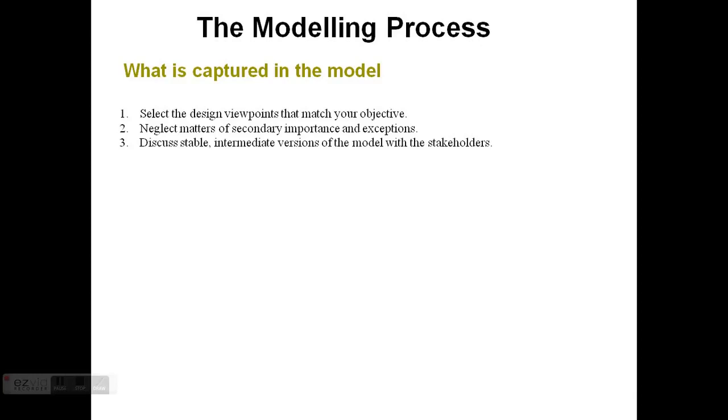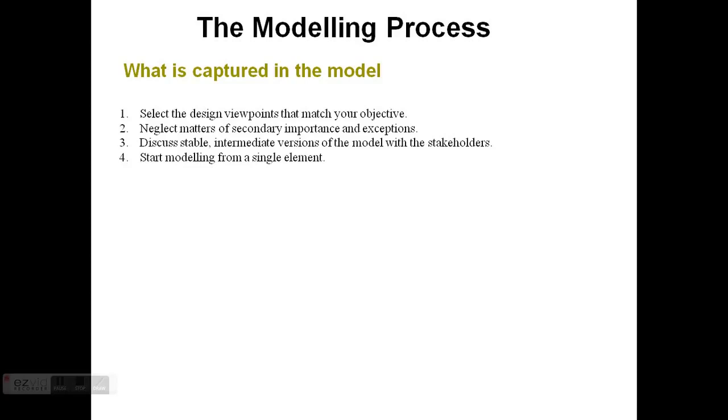Discuss stable, intermediate versions of your model with the stakeholders. What to include in a model is determined by its purpose and stakeholders, of course. Start modeling from a single element.